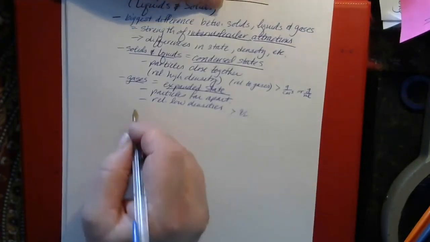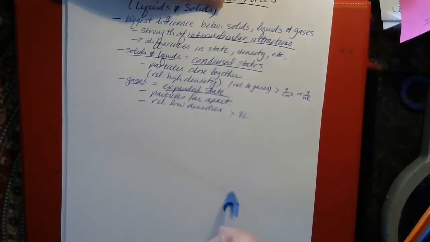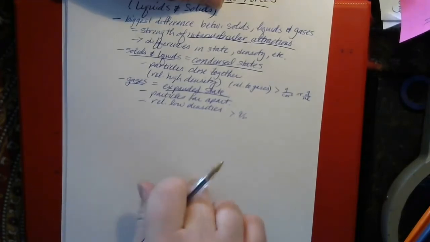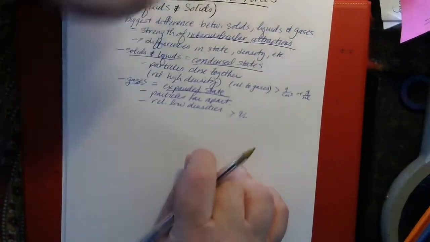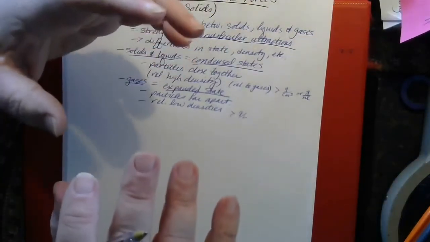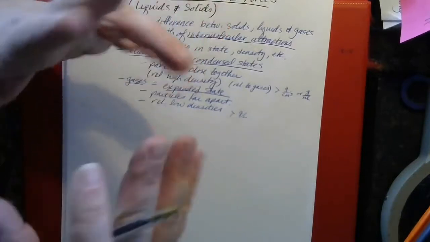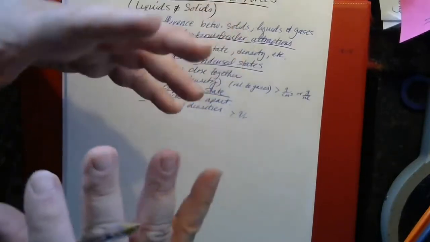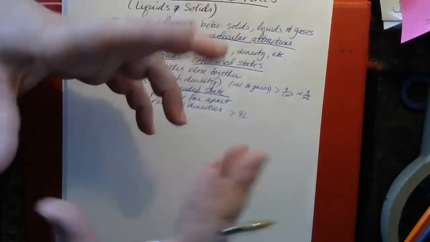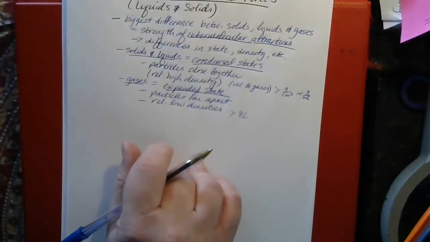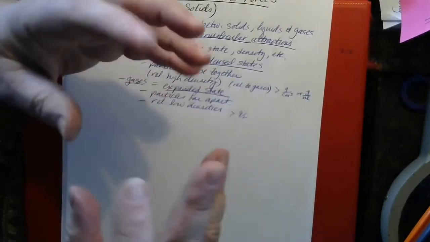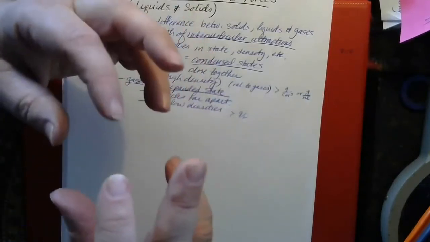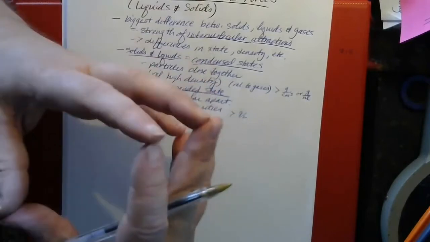Water is very unusual, as we'll see later in the chapter, in that the solid is less dense than the liquid. That is, when water freezes, the H2O molecules go into a crystal structure, which means that they're arranged in a certain way relative to each other. And in order to adopt that arrangement, the molecules actually have to move a little bit further apart than they normally are in liquid water.